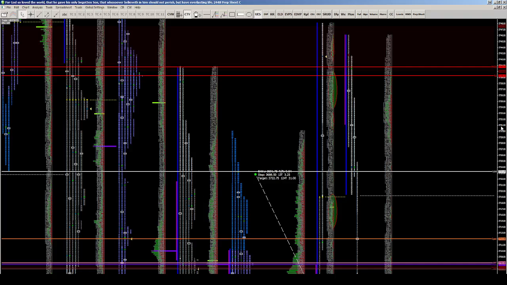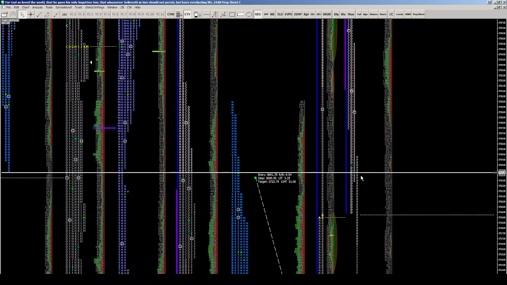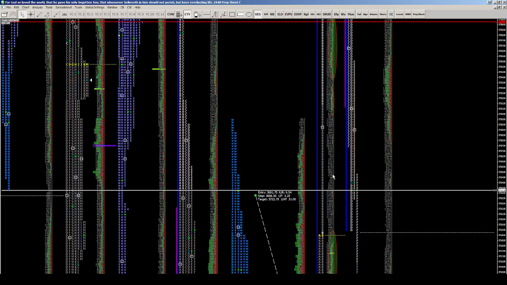But once we're above that value area high, boy, it got way up there, took out the overnight high, and then there was volume development. So it didn't happen right above the value area high, but it looks like it moved quickly there, and then it developed above the overnight high. So at any rate, I think this was a pop, like short covering, okay?